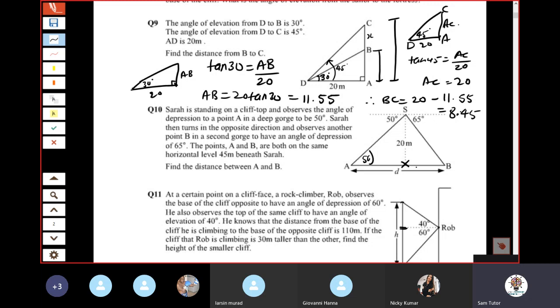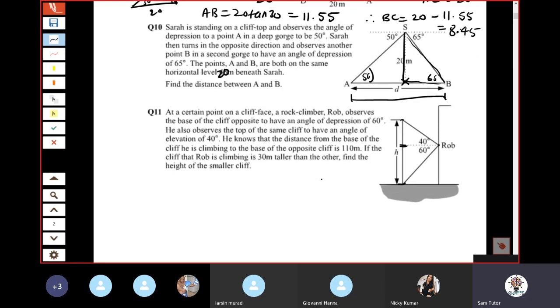If that's 65, this guy's 65, and then I think you guys can tell that's going to become one triangle with your 20, and then you're going to use opposite over adjacent, you'll find this side, and then you'll do the same thing with this triangle, opposite over adjacent, you'll find this length, and then you'll just add them up to get the whole distance D. All right. I think I wrote 45 meters here. It's meant to be 20 meters, obviously.